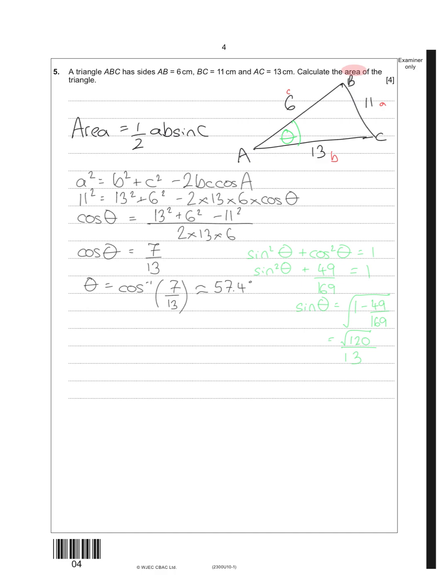But like I said, I'm not going to use that. I'm going to use what I did in green. So I can then say that the area is equal to 1/2 multiplied by, well, the two adjacent sides, 13 and 6, and then sine of the angle, which is root 120 over 13.